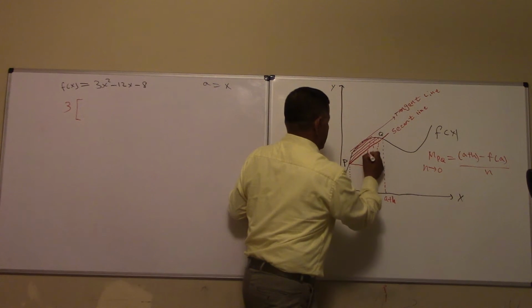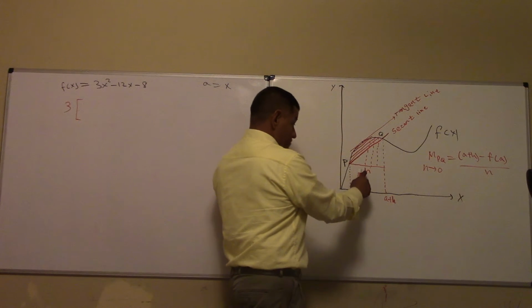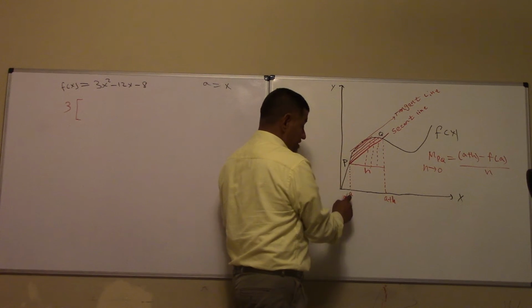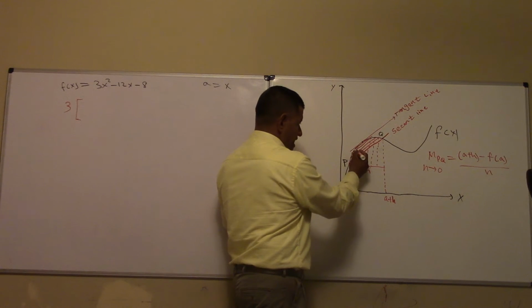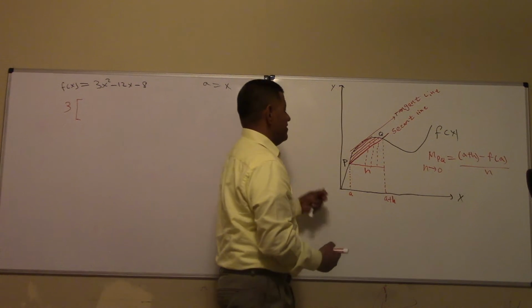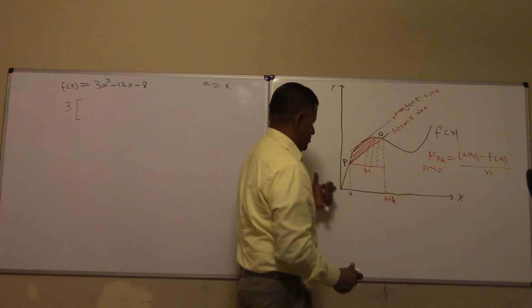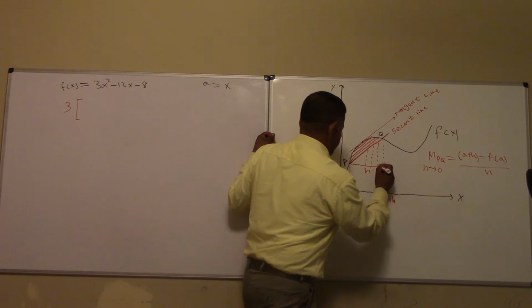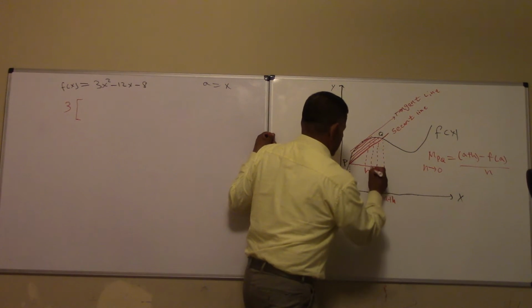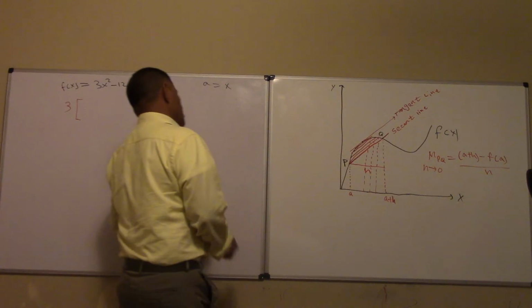See how it's approaching? Basically h is approaching 0, and the triangle is getting closer and closer. The triangle is getting smaller and smaller and smaller. See that?